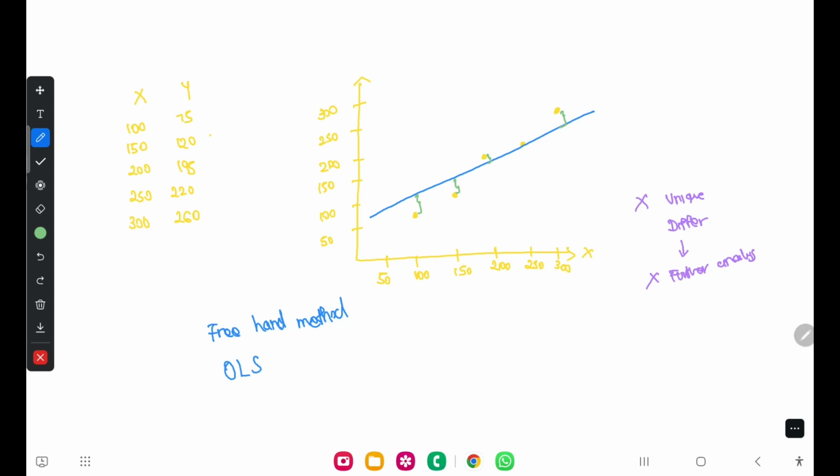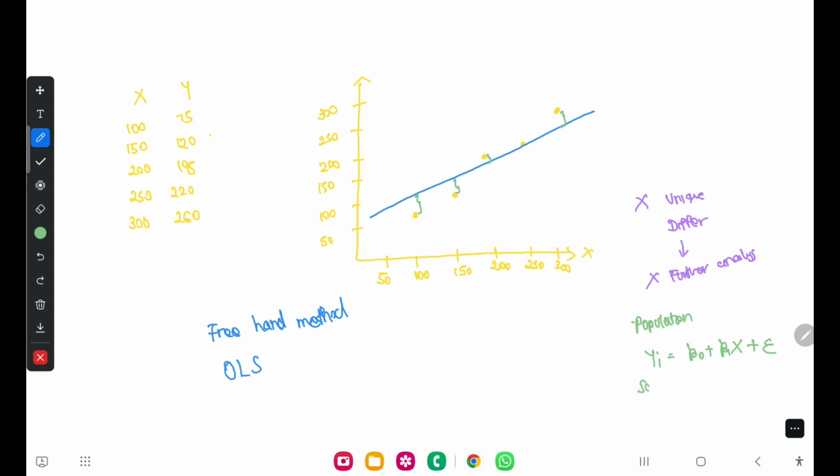Usually, how do we write the predicted line? You all know very well how we write the population: y equals beta naught plus beta 1 x plus the error term.